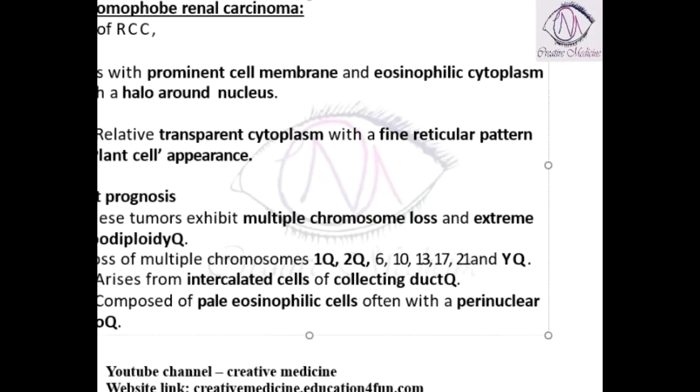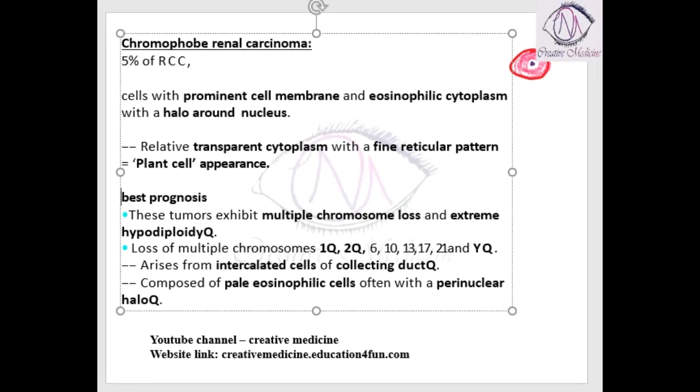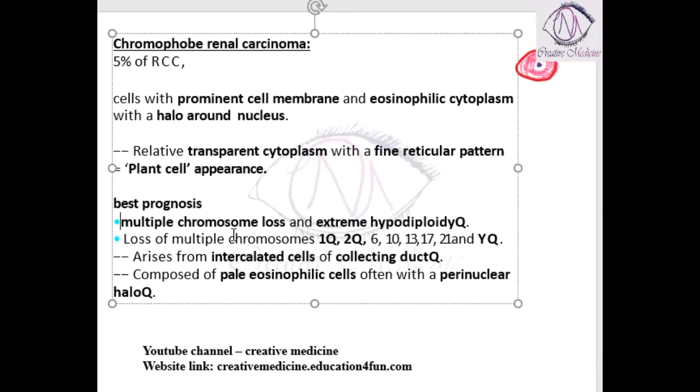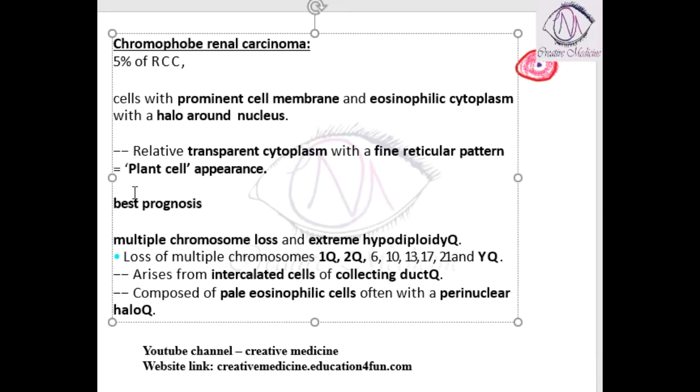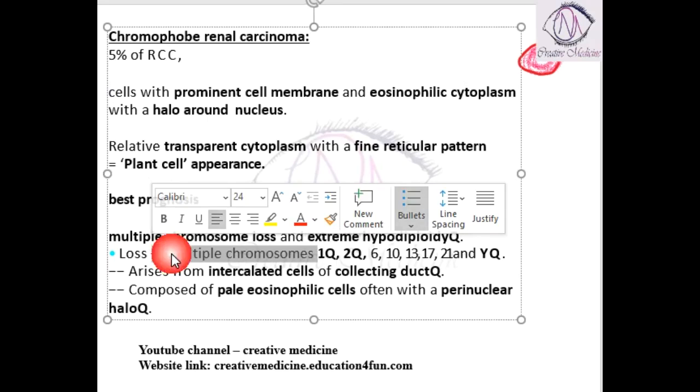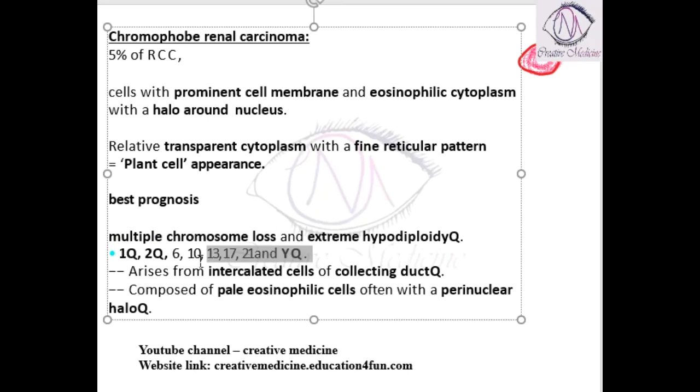If you look at the prognosis of this chromophobe type of renal cell carcinoma, it is associated with the best prognosis. Genetically, these tumors are mainly composed of multiple chromosome losses.